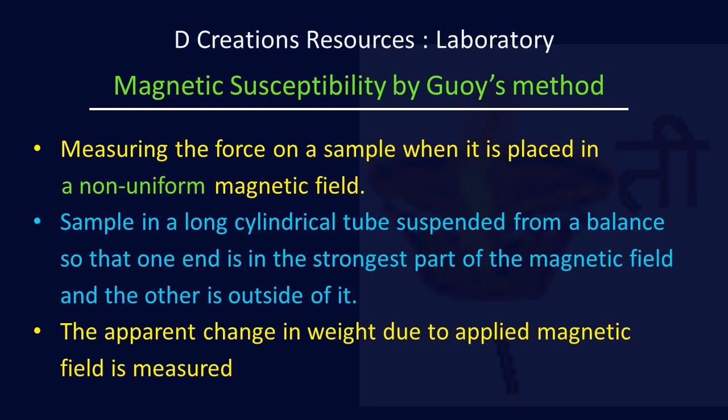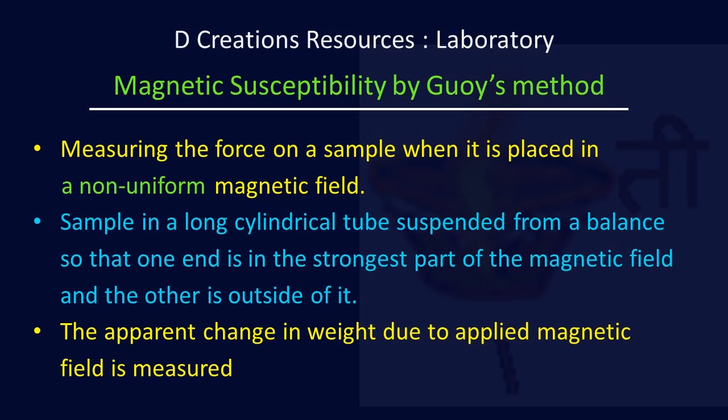Many times in the first part, calibration of magnetic field versus current is done, and after that the procedure involves preparation of the sample. It could be mostly in a finely powdered solid form, and it is packed uniformly into the sample tube. The weight of the empty tube is recorded, and then the length of the sample column is also noted down. Now initially when the magnetic field is off, it is going to show some value of weight.